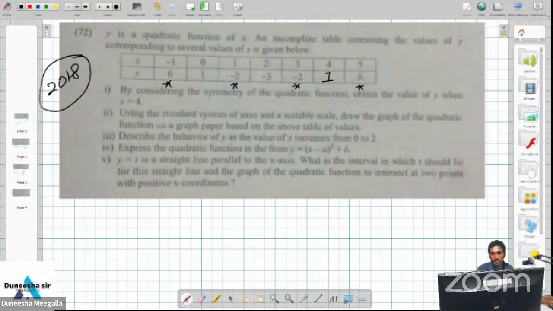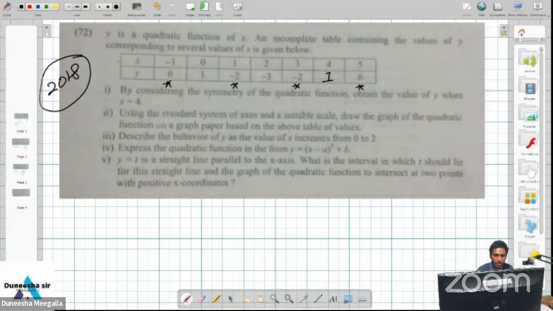When x is 2, y is -3. Then x is 3, it's -2.